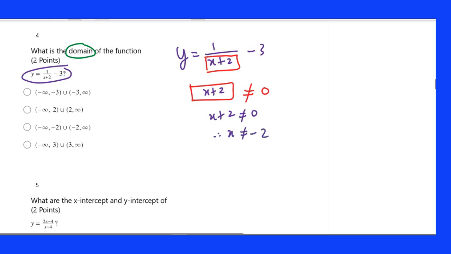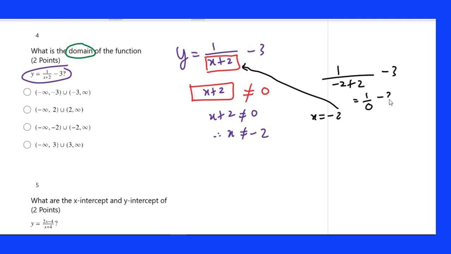If you substitute x equals negative 2, you get 1 over (negative 2 plus 2) minus 3, which is 1 over 0. Take a calculator and it should give an answer of invalid or undefined. So x cannot be negative 2.